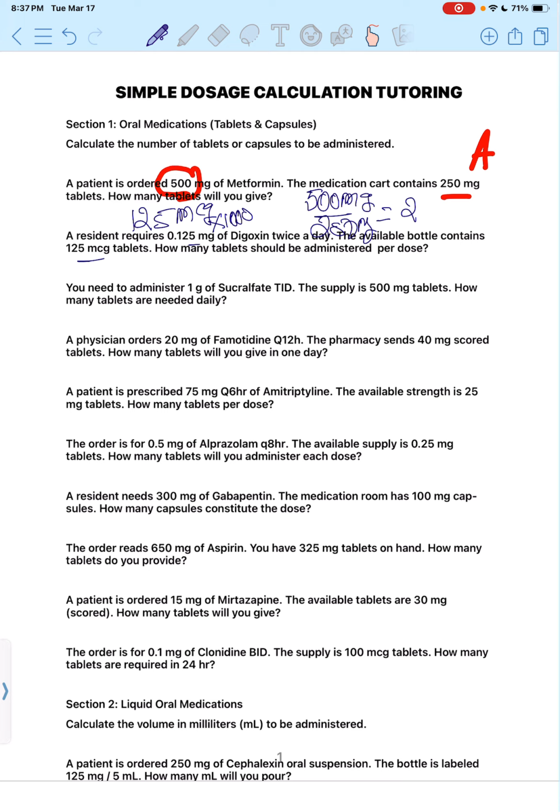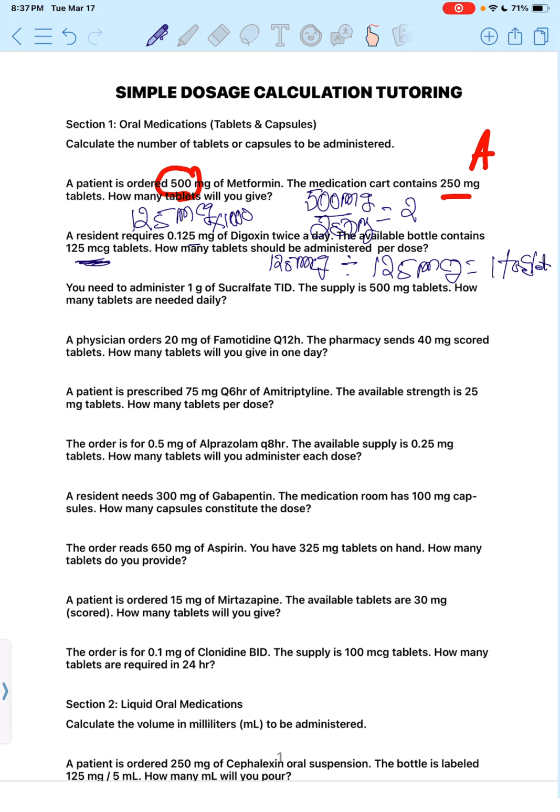The available bottle contains 125 microgram. So you're going to do your order, 125 microgram, divided by your available, which is 125 microgram as well. And you will give 1 tablet.